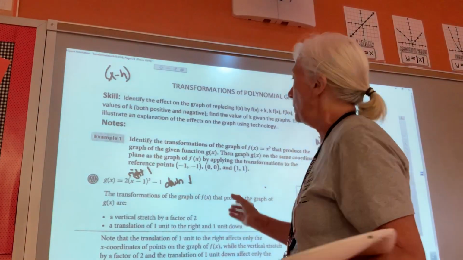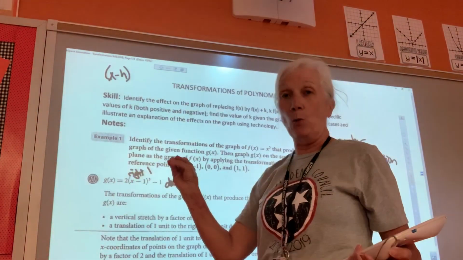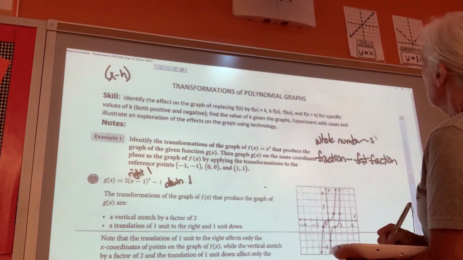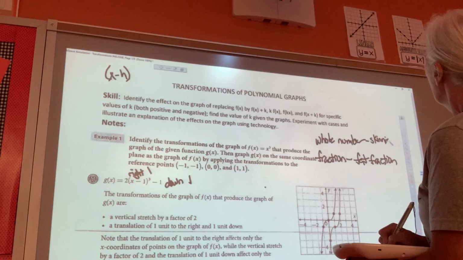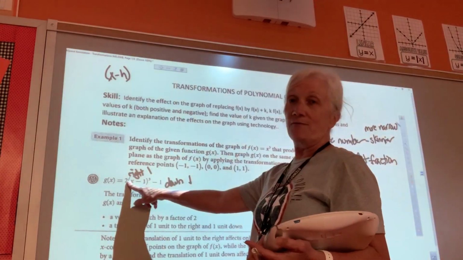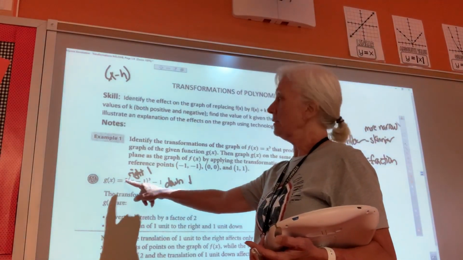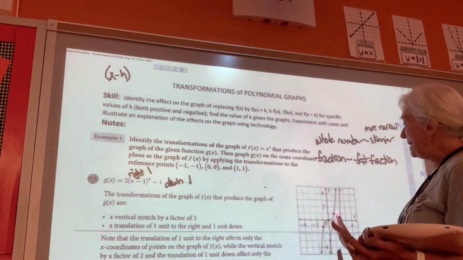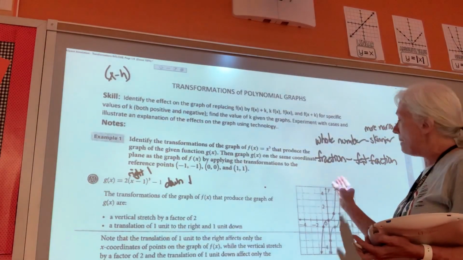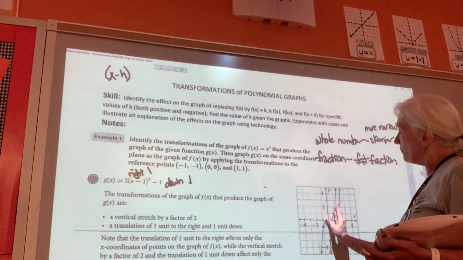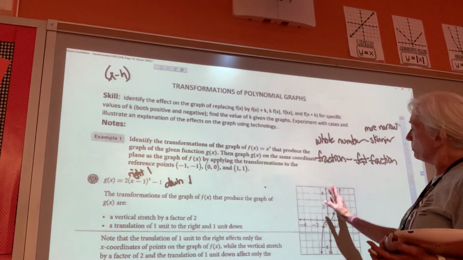If this makes it narrower, skinnier, more narrow, that's what this number in front of this does to your function. So that's making my parent function a little narrower, a little skinnier. This is saying vertically stretching. It is vertically stretching it up.